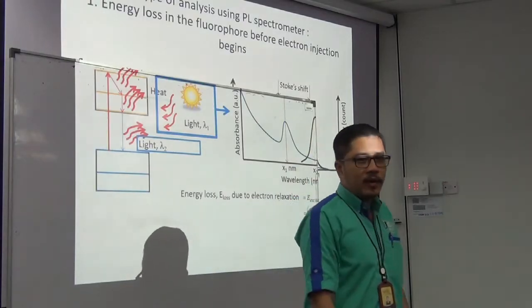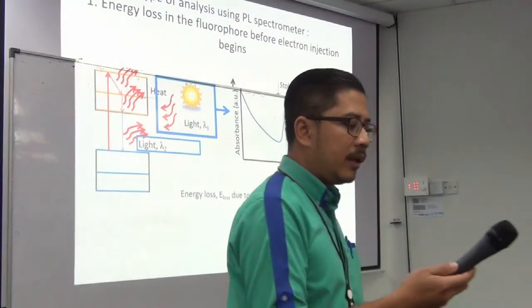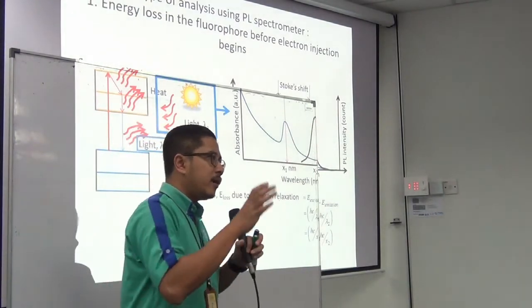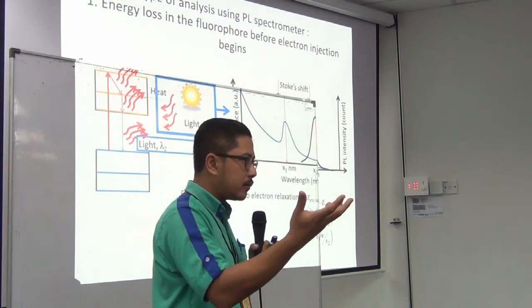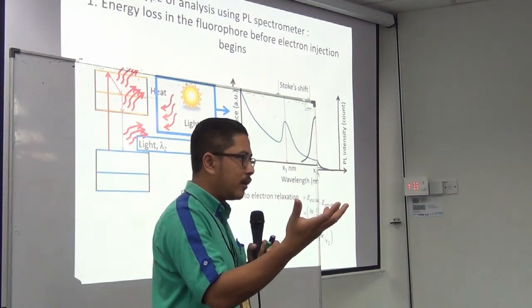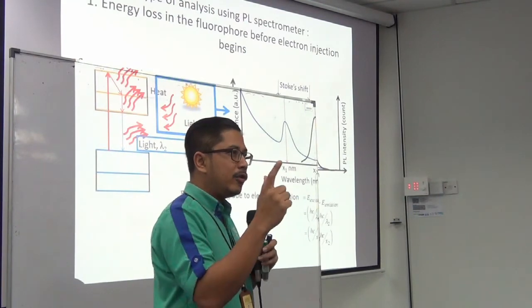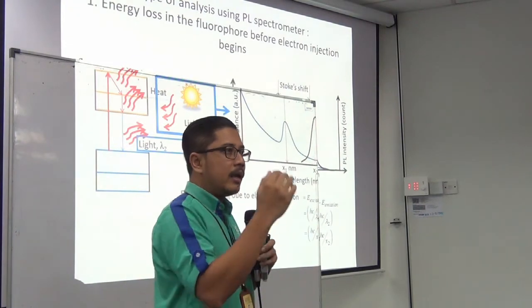The important thing in solar cell is that we need to make sure our excited state electron could be mobilized. The first principle of photovoltaic, we need to excite the electron, correct? Then the excited state electron needs to remain in the excited state.